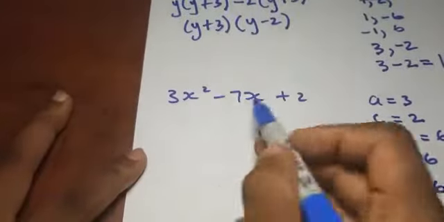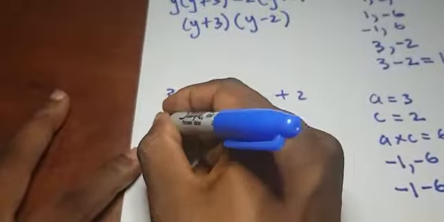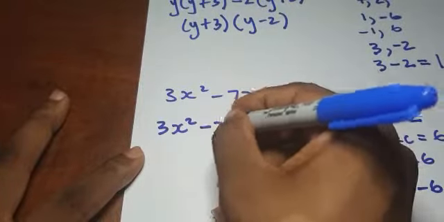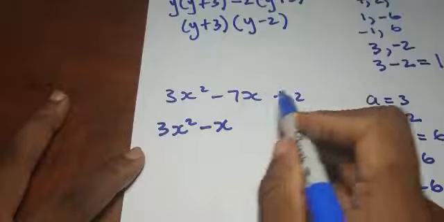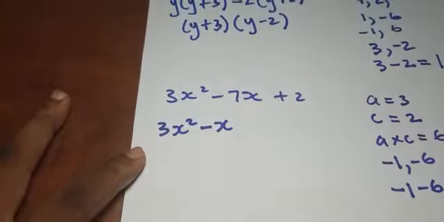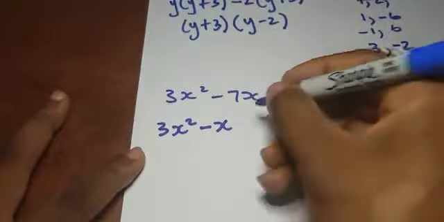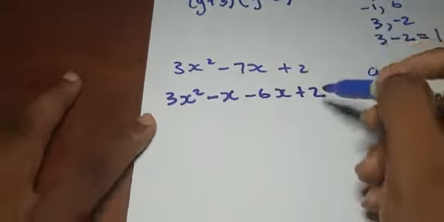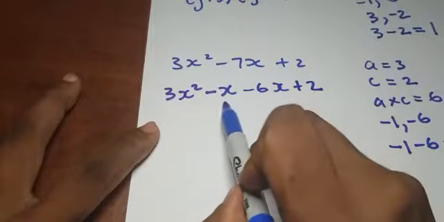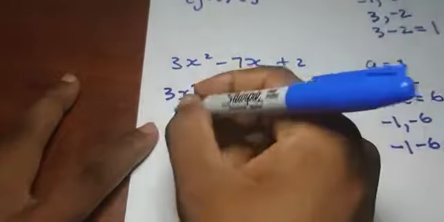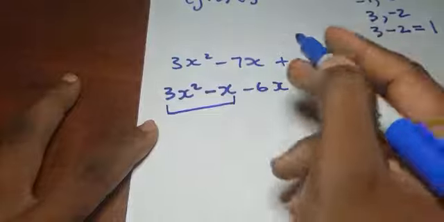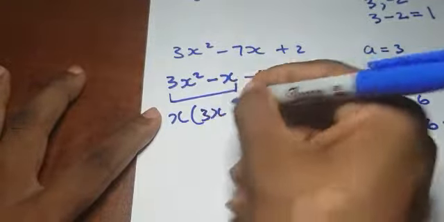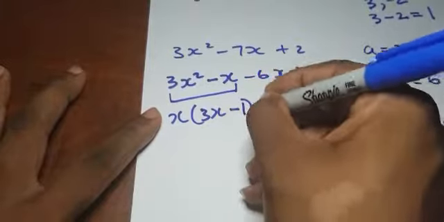So we can rewrite the -7x now, as -x minus 6x. So the expression becomes 3x squared minus x minus 6x plus 2. Then we factor by pairs again. We get x into 3x minus 1.